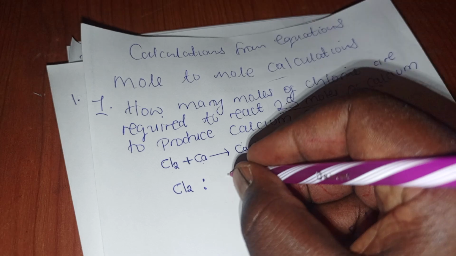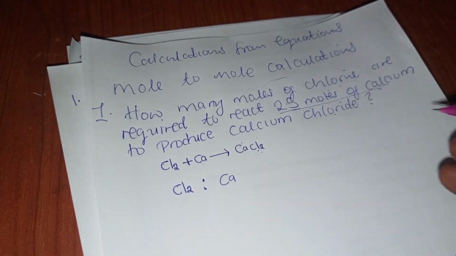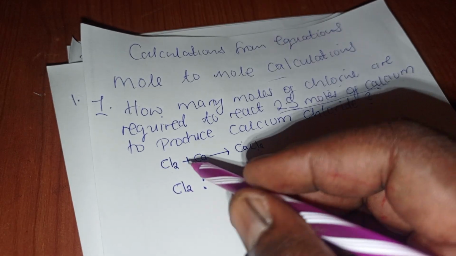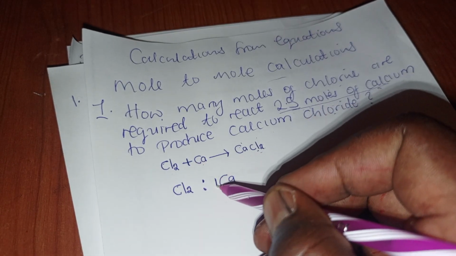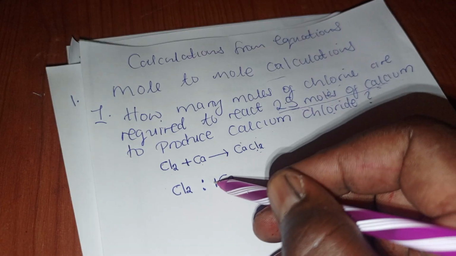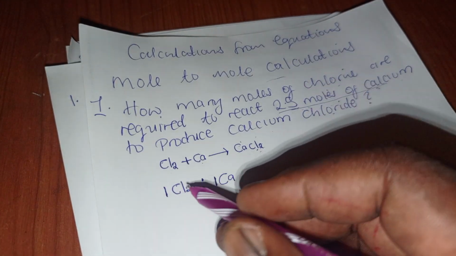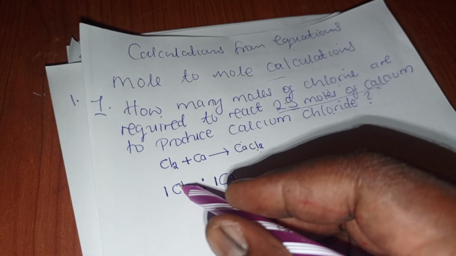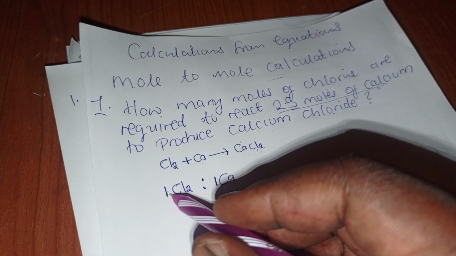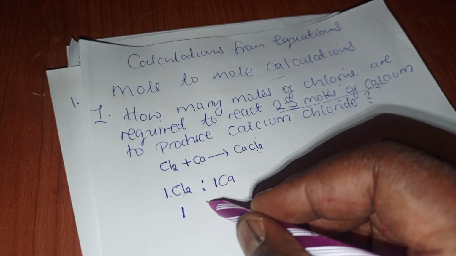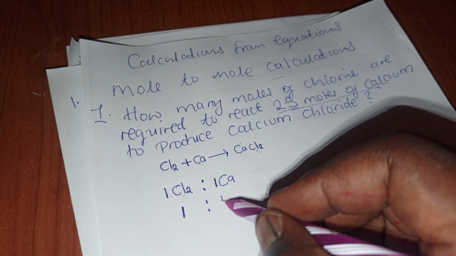I'll write calcium here. I know that the numbers in front represent the number of moles. Since there's no number here, there's 1 here and also 1 here. So the number of moles for chlorine from the balanced equation is 1, and for calcium again is 1.